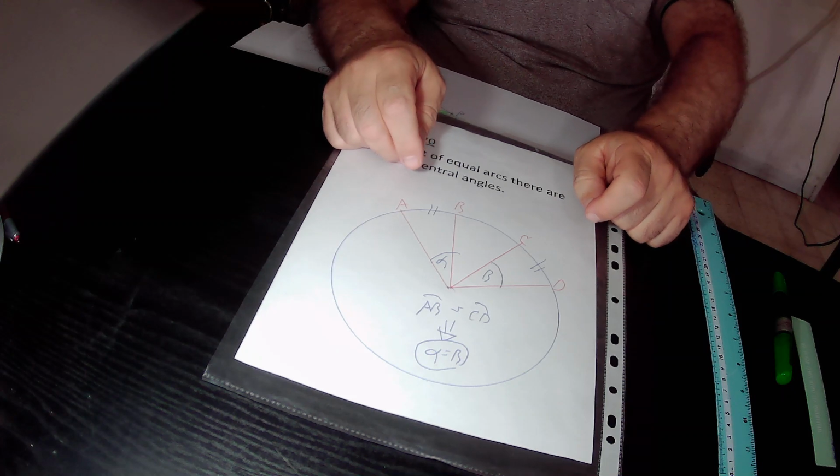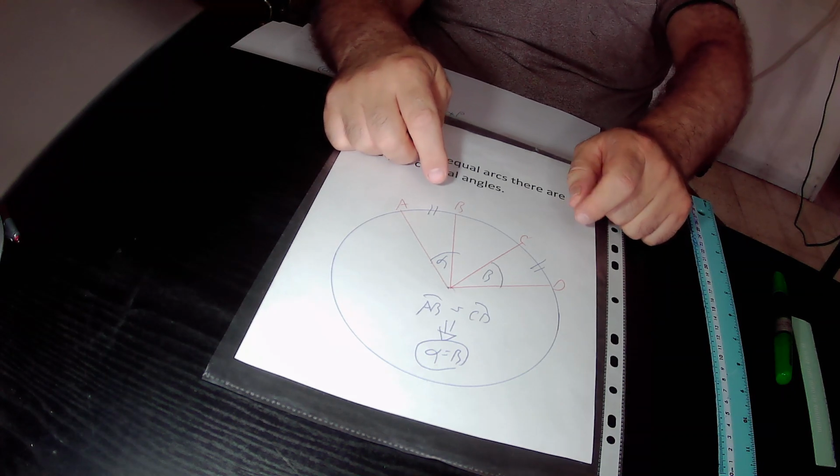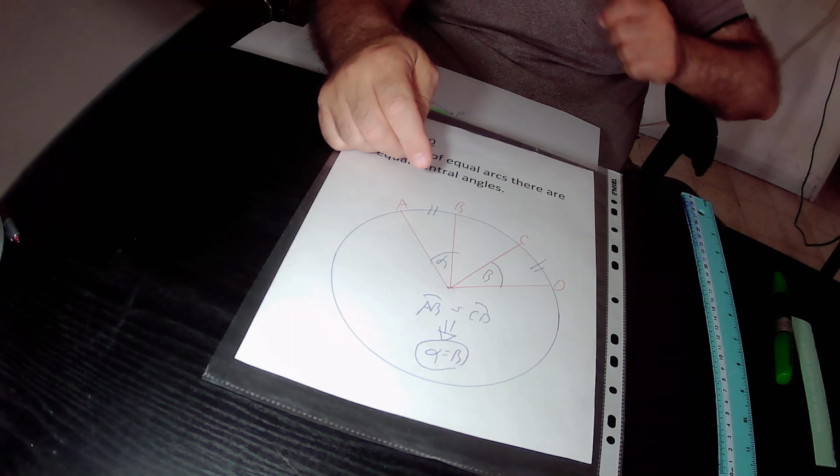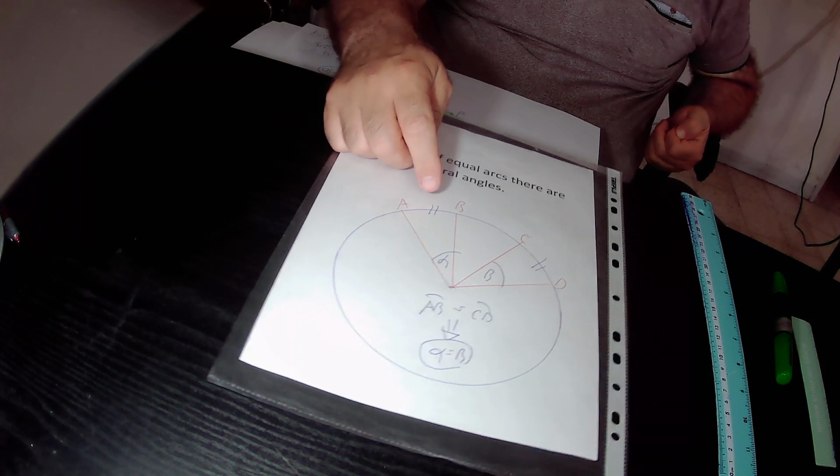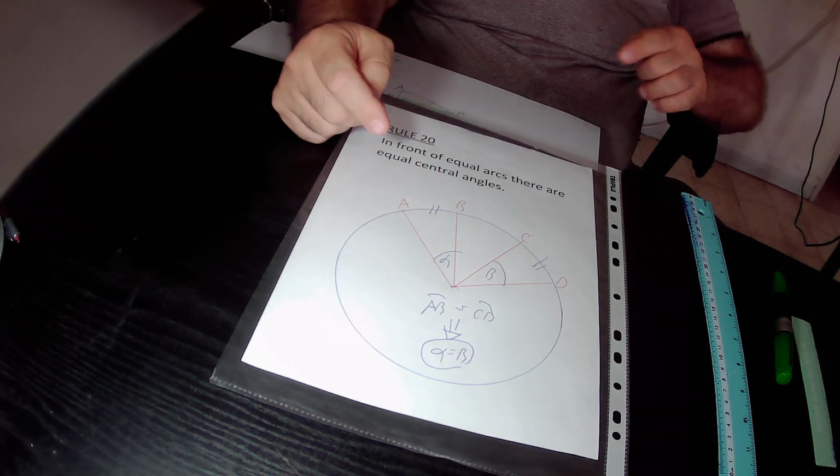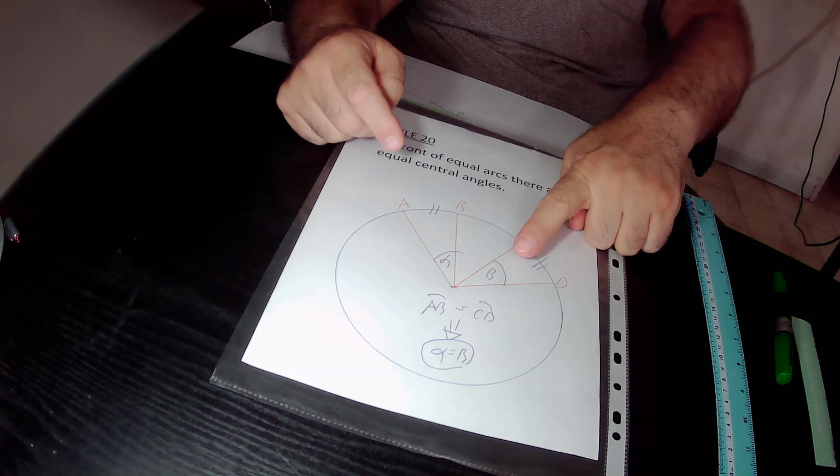Because arc AB is equal to arc CD, in front of arc AB we have center angle alpha, and in front of arc CD we have center angle beta.